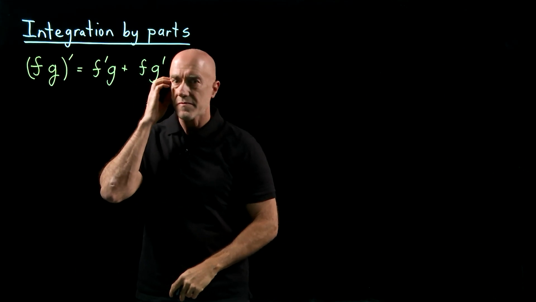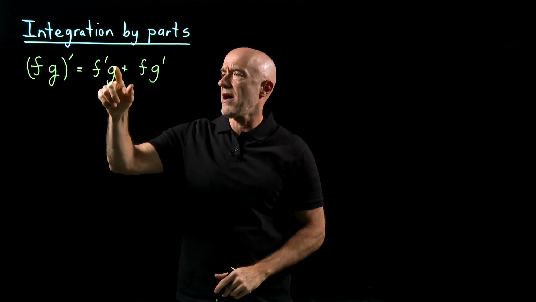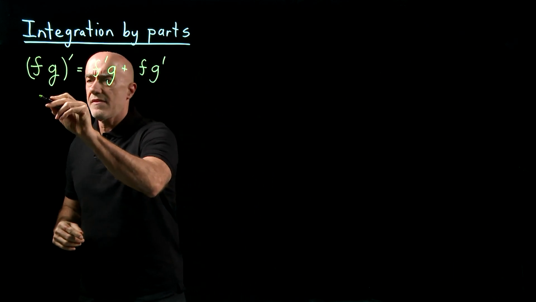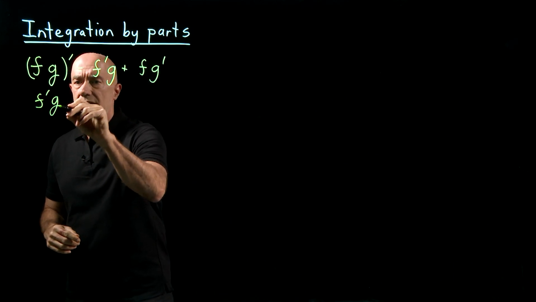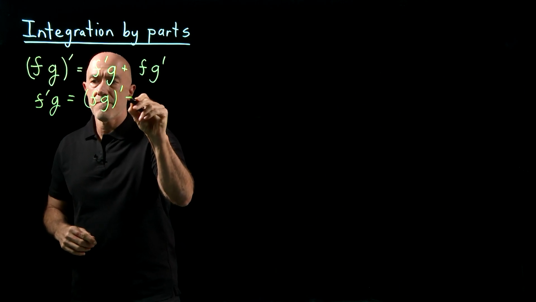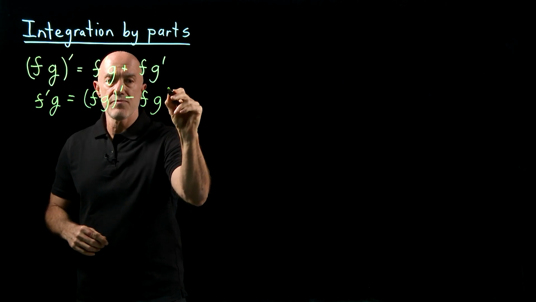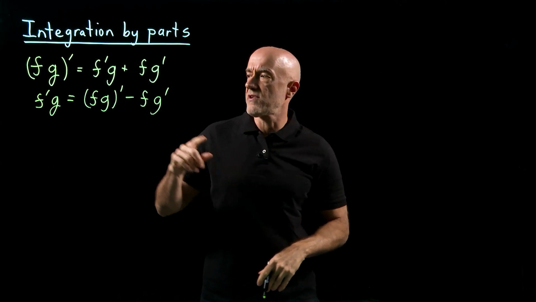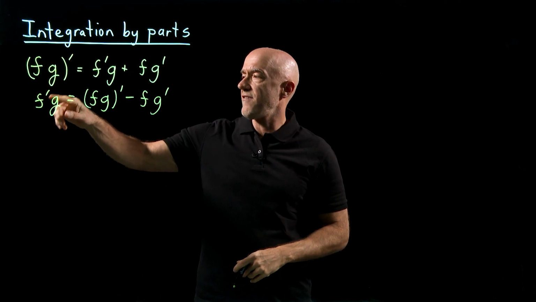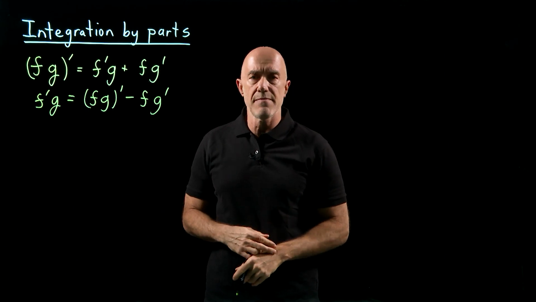So if we have an integral of f prime g, we can write f prime g as f g prime minus f times g prime. So it's a way of converting an integral of f prime g dx into an integral of f g prime dx.